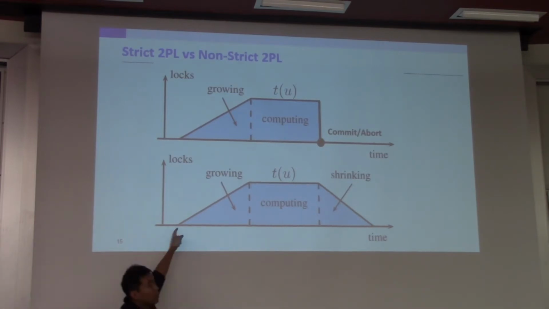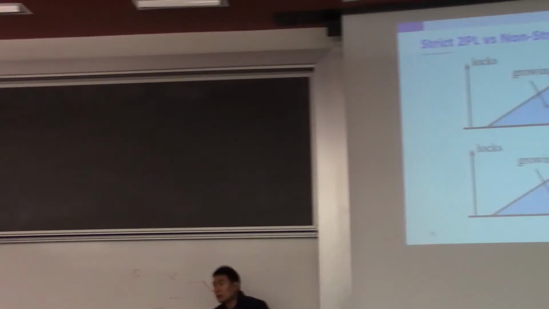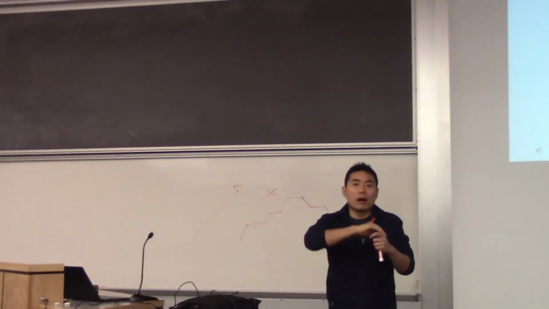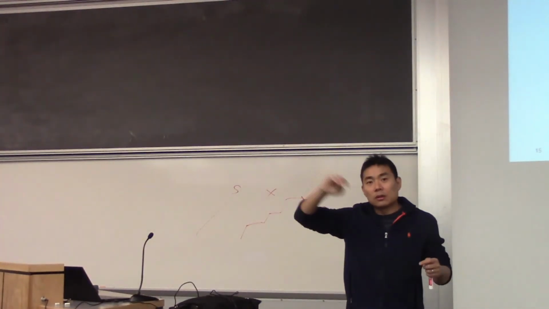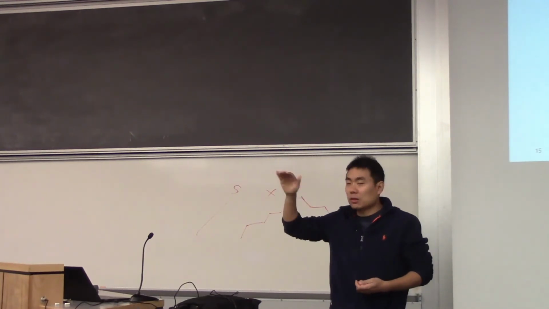Same goes for the acquiring lock phase. The picture shows the general trend going up, but in reality it's really a staircase curve. Like that. Meaning it's not necessary for you to acquire all the locks at once. You acquire some locks, you start doing some business logic, you acquire new locks, and do something.